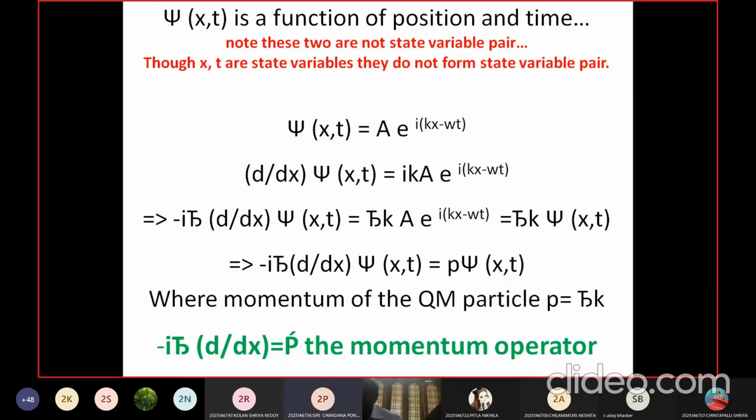L comma theta, sir? No, because x and L are not pair variables. I'm taking x and t, and x and t are not pair variables.